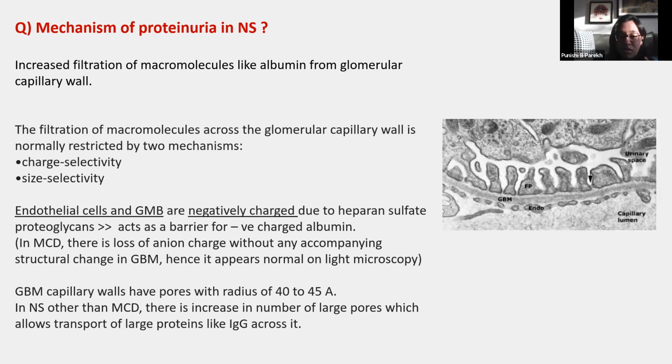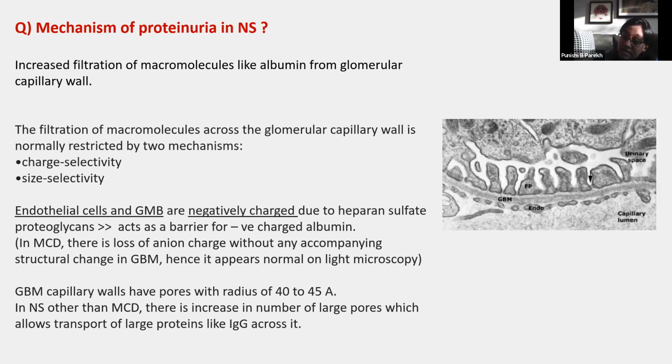In minimal change disease, the light microscopy appearance will be normal. What will be abnormal is your electron microscopy findings, which we'll see in the further slides. Because it's a loss of charge and a structurally normal barrier, you will not have any change visible on light microscopy in minimal change disease.